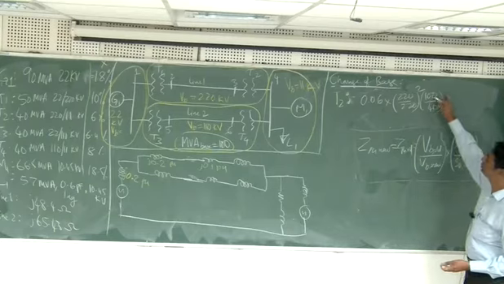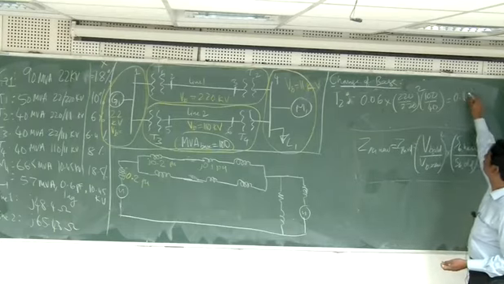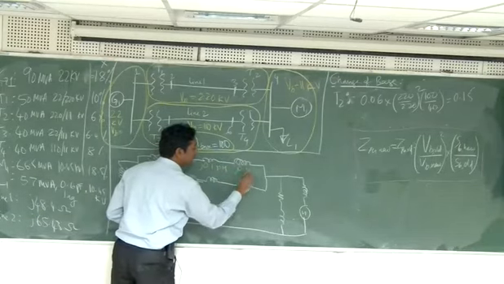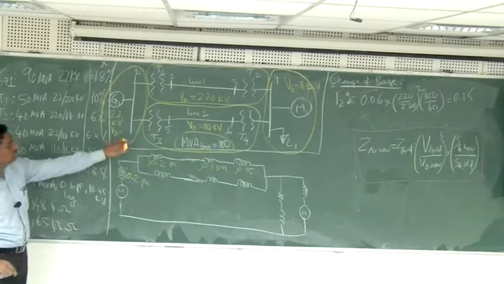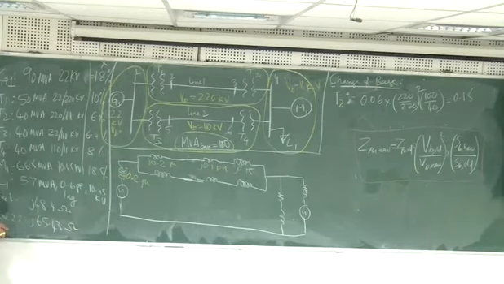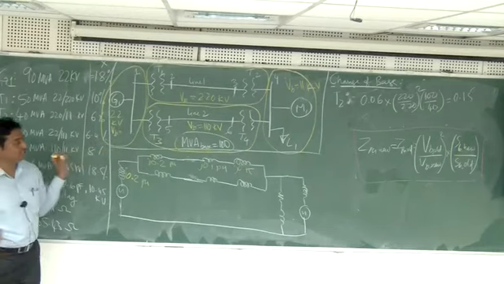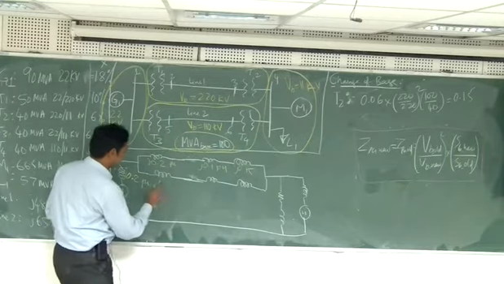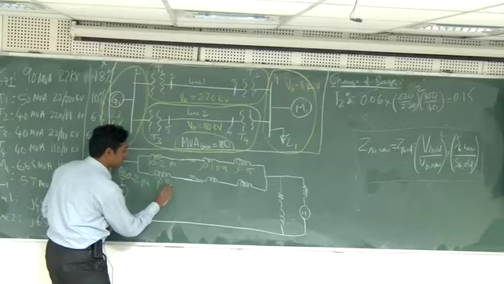So how much is this? 2.5 times of this, 0.15. So here j0.15. So what about T3? Transformer T3, 110 and 110, the voltage problem is not there. Just 6.4% into 40 MVA, 100 MVA, that ratio, 2.5 times. How much? 0.16. All right, j0.16 per unit.